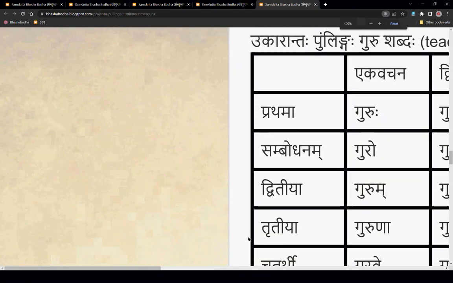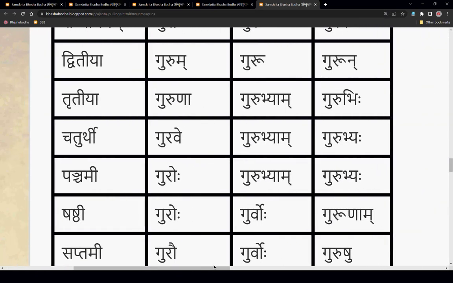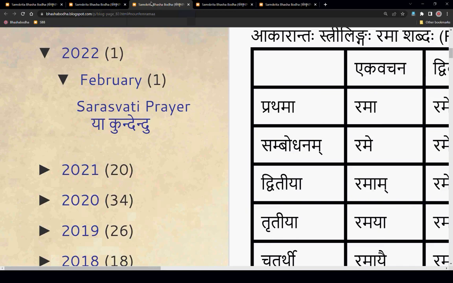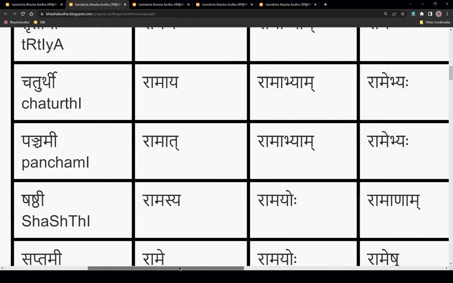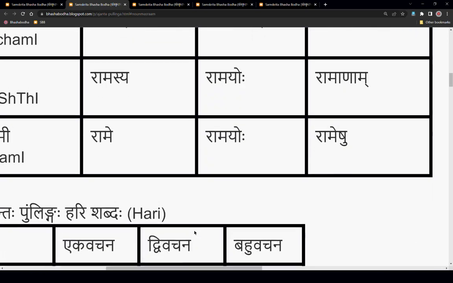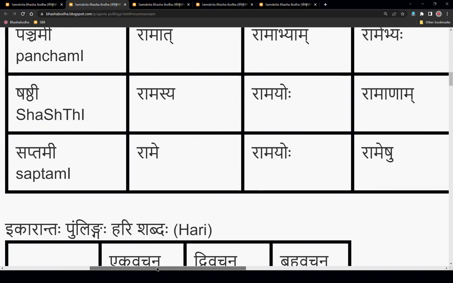So how does it look like here? Shashti. Guroho. Aham Guroho. Pada. What was the Dvivachan? Padayo. Padayoho.